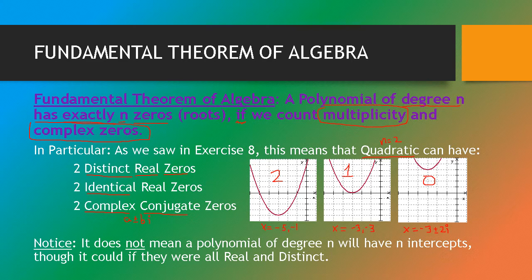But we can modify this if we say at most. So a polynomial of degree n will have up to n x-intercepts if we're counting places where it crosses the x-axis. But if we're referring to zeros and we count multiplicity and complex zeros, we say it has exactly n.